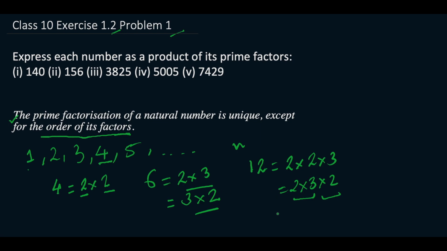Now we could also have written it as 4 into 3, but 4 is not a prime number, so we are forced to write it in the form of 2 into 2 into 3. So now I think that you know what is the difference between composite and prime, and you know how to do the factorization. Now let us proceed with our first question, that is 140.